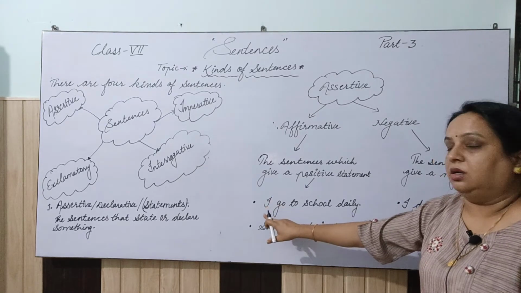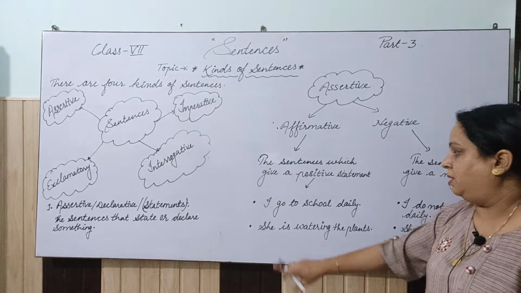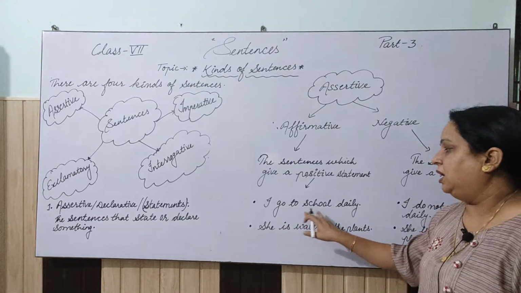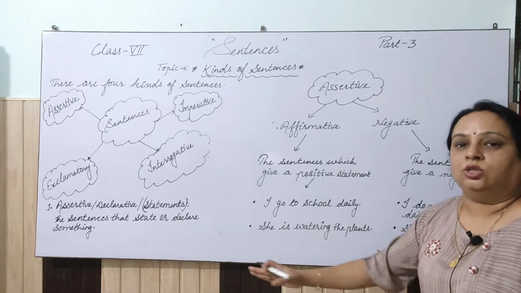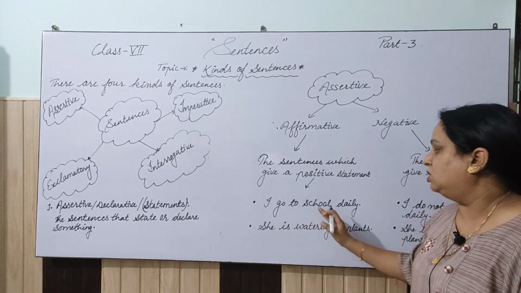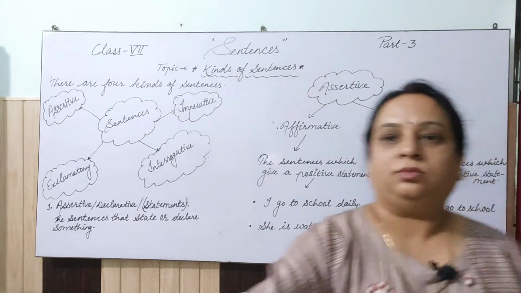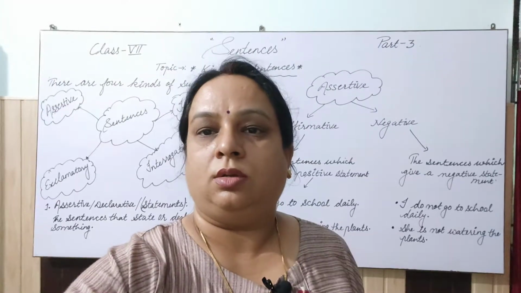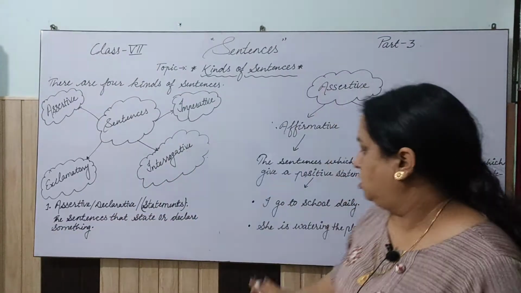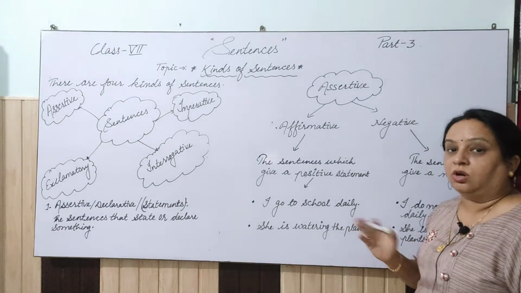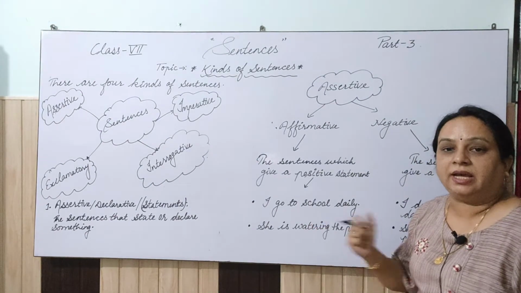Let's understand this with the help of examples. I go to school daily. This is a simple sentence. This is a positive sentence because it does not have a negative word.